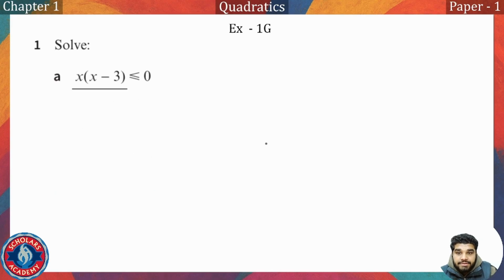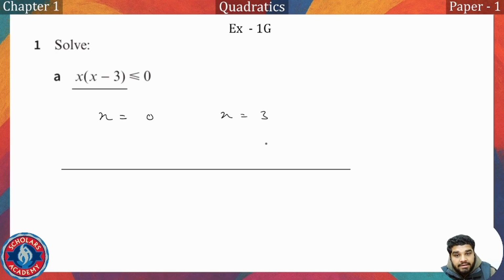We are already given this question in the form of factors. So from here we get x is equal to 0 or x is equal to 3. So we break our real line into 3 intervals: when x is less than 0, between 0 and 3, and when x is greater than 3.